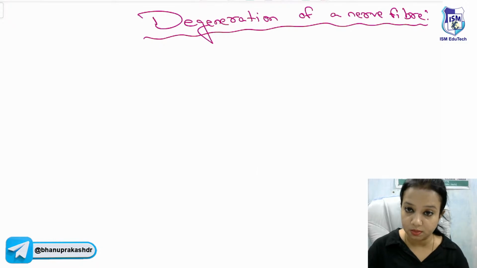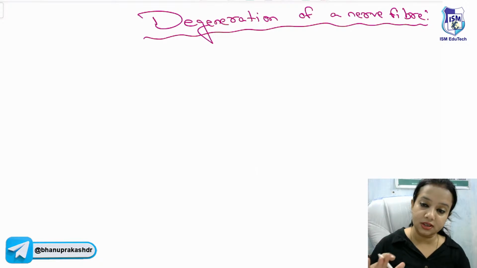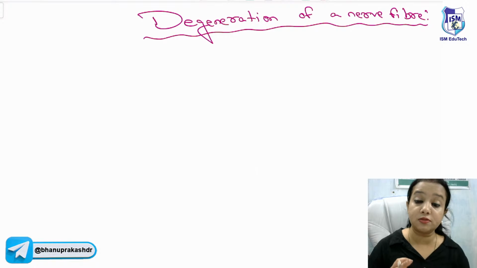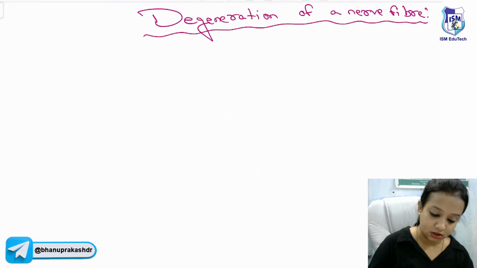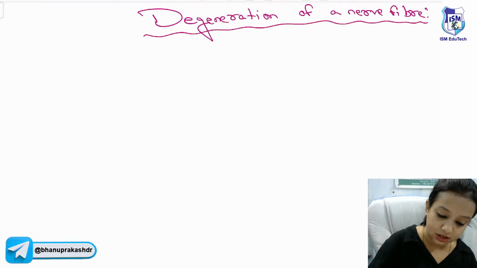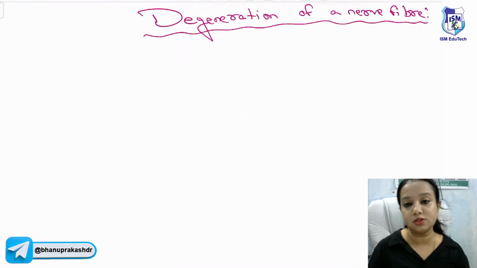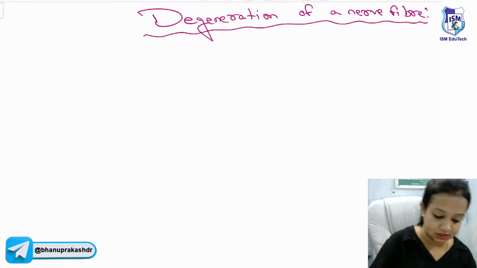Whenever there is a trauma or an injury and the nerve gets compressed or crushed, or there is any kind of even ischemic condition that is blocking the supply of oxygen, then also there is nerve injury or damage to the nerve. So, what are the criteria for degeneration following a nerve injury?